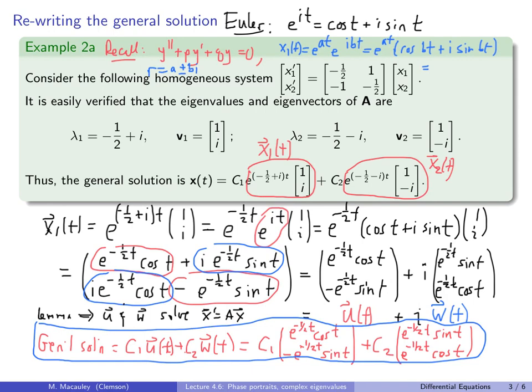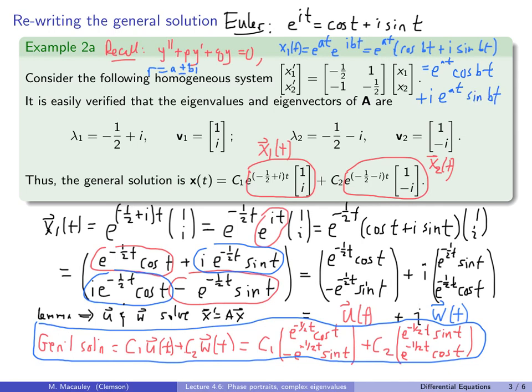We could have just taken x1 and written it into its real and imaginary parts. So we could have written this as, say, e to the a t cosine of bt plus i times e to the a t sine of bt.